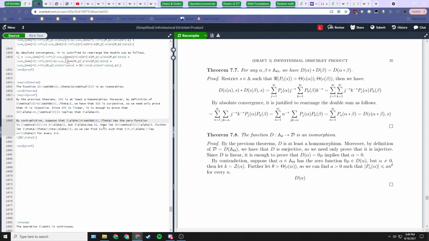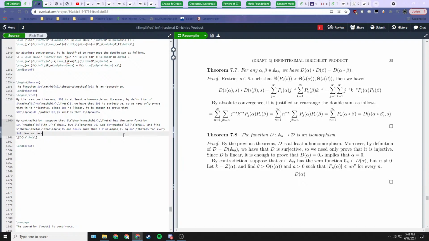And find a theta greater than capital theta of iota alpha, and a greater than 0, such that p sub n of alpha is less than or equal to a n to the power theta for every n.